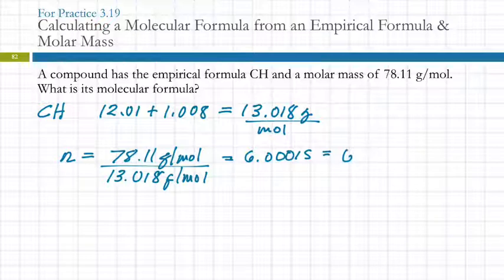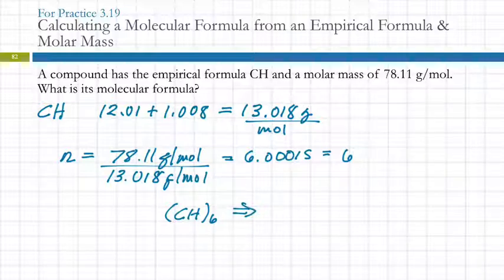This tells me that the molecular formula weighs 6 times as much as the empirical formula. And it does that because it has 6 times every atom. So we've got that CH, and we're multiplying by 6. But that's not how we express formulas.